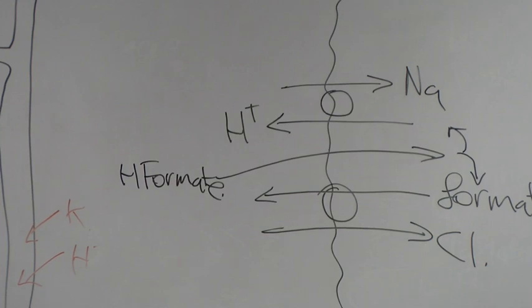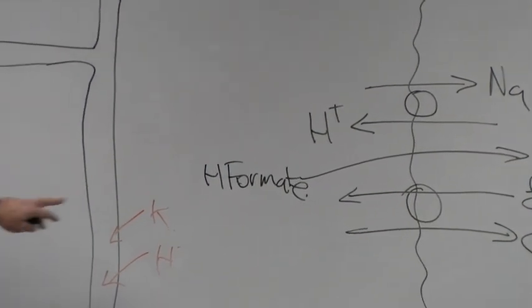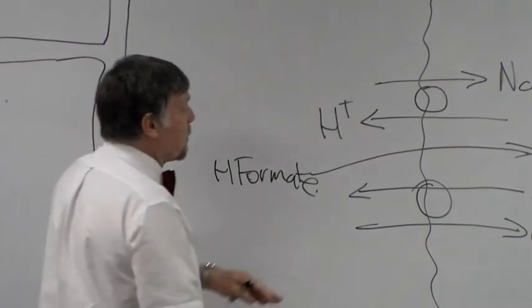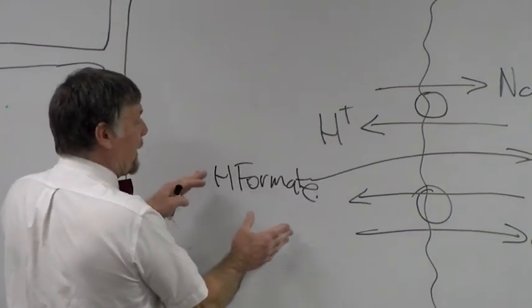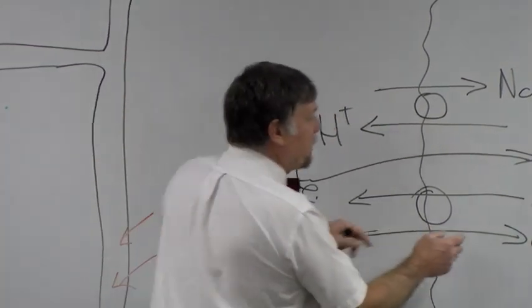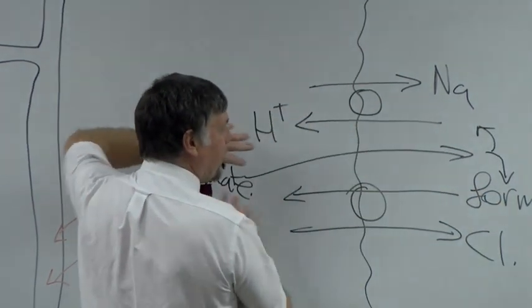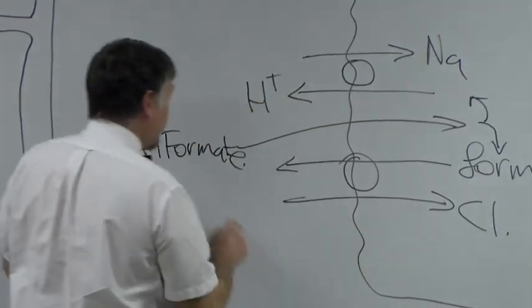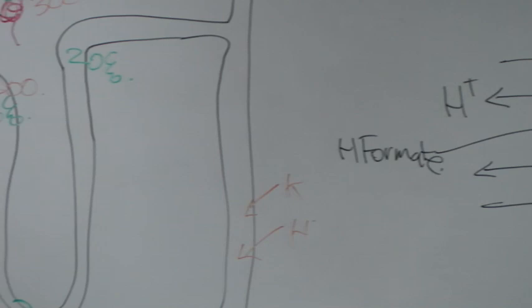Oh, passive process. Okay. So this is passive because, I mean, we're shifting it out, making lots of this, and because we've taken the hydrogen formate out here and pumped it out here, the gradient's relatively low here. So yes, this would be a passive process. Yes, good. Thank you for that question.